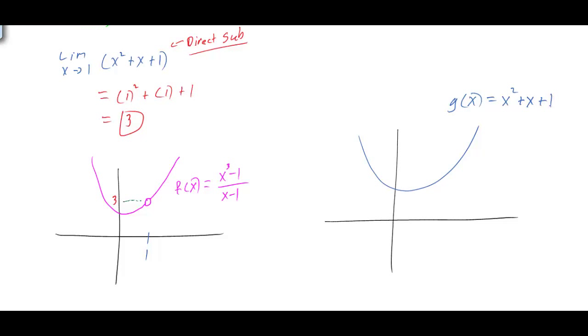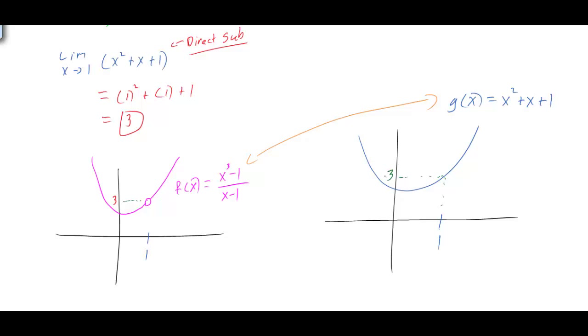So between these two functions, they're exactly the same function except for this one point that's undefined for the first one, but over here we fill it in. So our function now is defined at 1, so we can simply use direct substitution to give us the answer of 3.